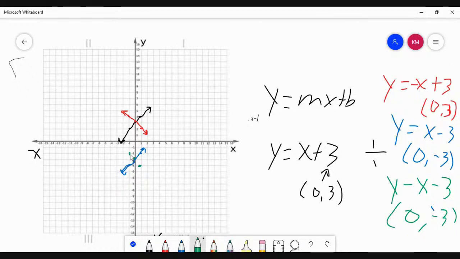And of course, you plot those points. And that's how you can plot a negative or positive linear equation with just your intercept and slope.